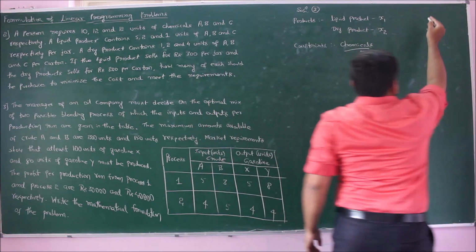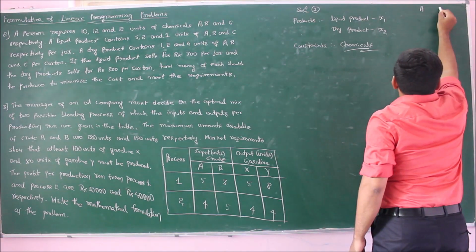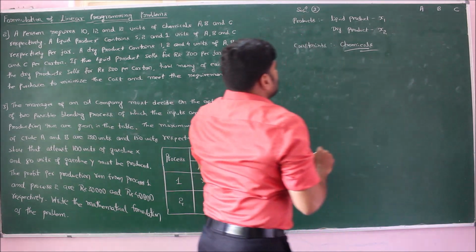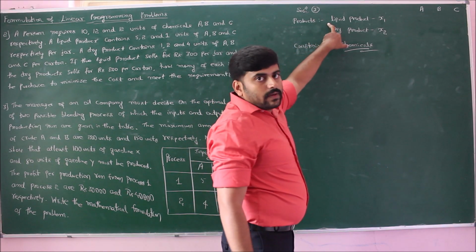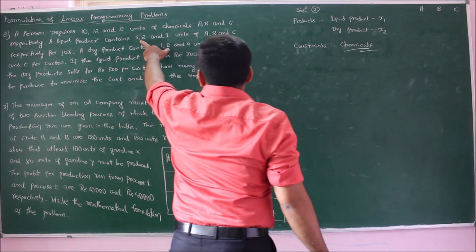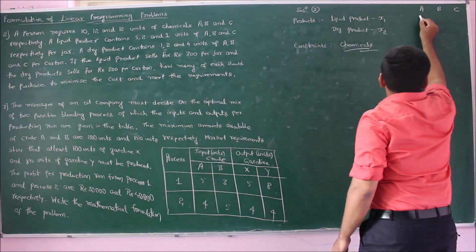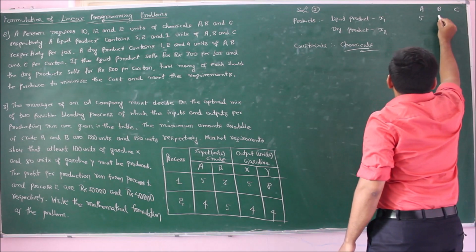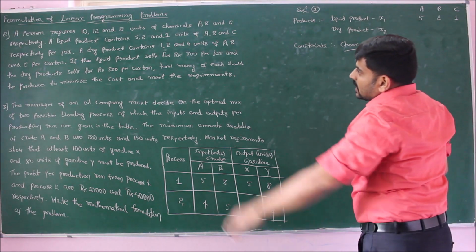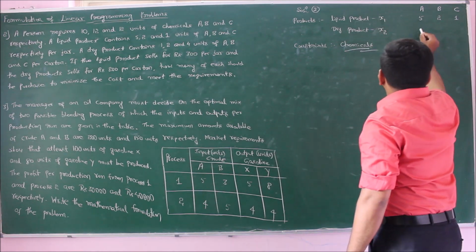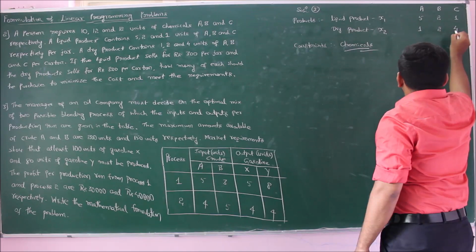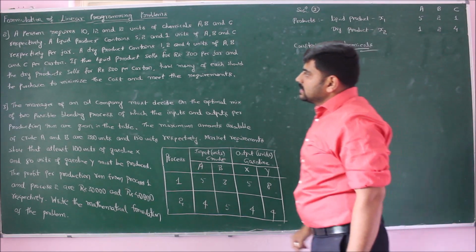There are 3 chemicals, namely chemical A, chemical B and chemical C. The liquid product contains 5 units of chemical A, 2 units of chemical B and 1 unit of chemical C. Whereas the dry product contains 1 unit of chemical A, 2 units of chemical B and 4 units of chemical C.